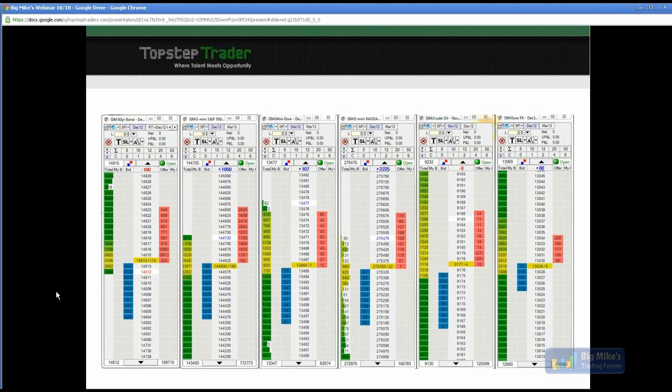But the traders here at Top Step Trader, as well as some research and a lot of journaling on my own, have proven to me that it is very much possible to get a sense for what kind of activity you are seeing in the dome and in time and sales, and what kind of validity you're seeing in increases and decreases in volume at certain levels. It has become a very important part of trading to me, and also an important part of trading to a lot of traders at Top Step Trader. So you've got to, in my opinion, be able to read the new pit.